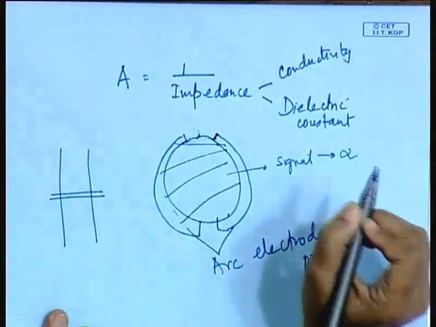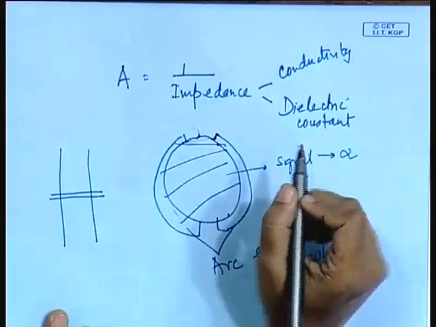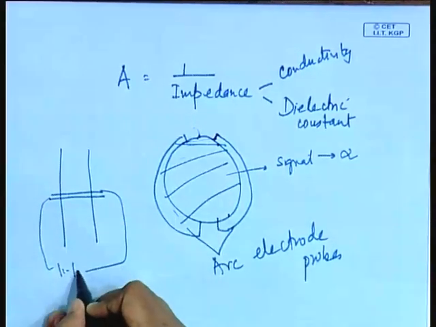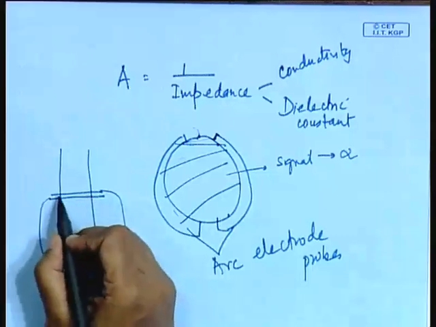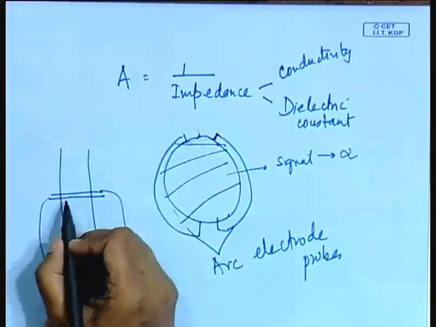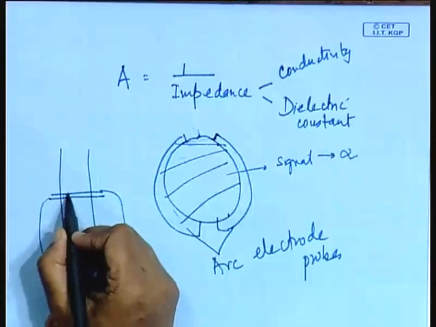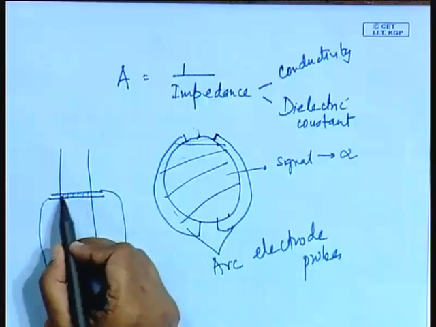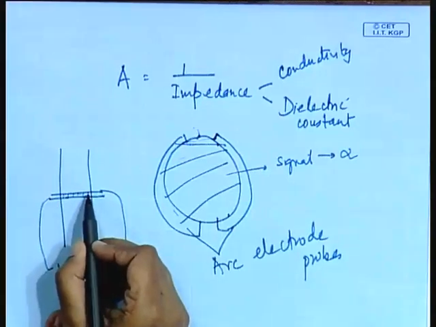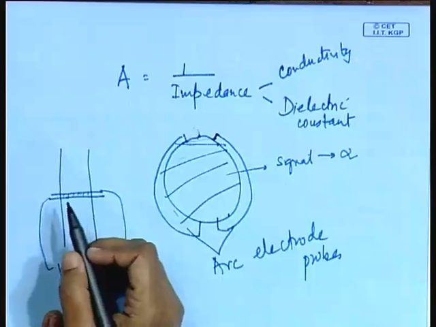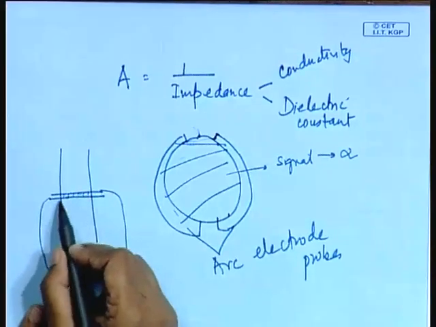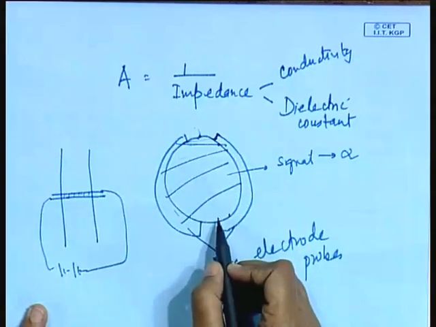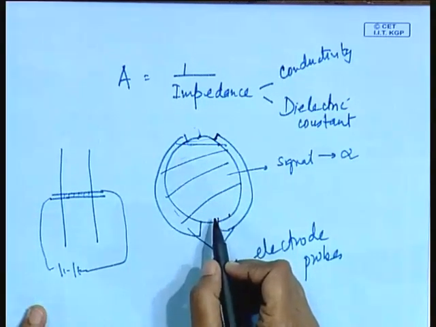take two wires very closely spaced, and then they can be connected to a circuit. Now, in this case, since the wires are very closely spaced, the electrical path from this wire to this wire goes through the space between them. Depending upon the conductivity of the two phase mixture here, we can get an idea about the chordal average void fraction. This chord can be traversed over the entire tube cross section, and it can give us an area average void fraction as well.